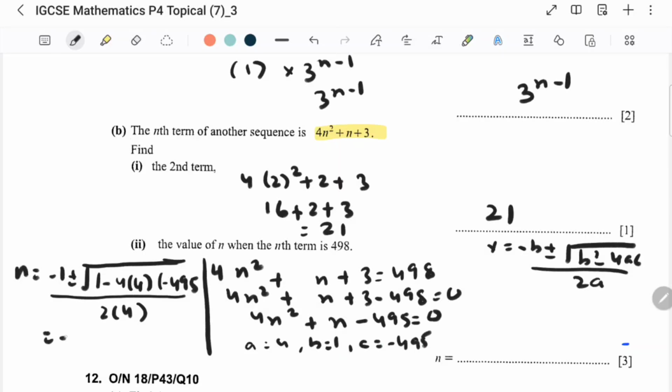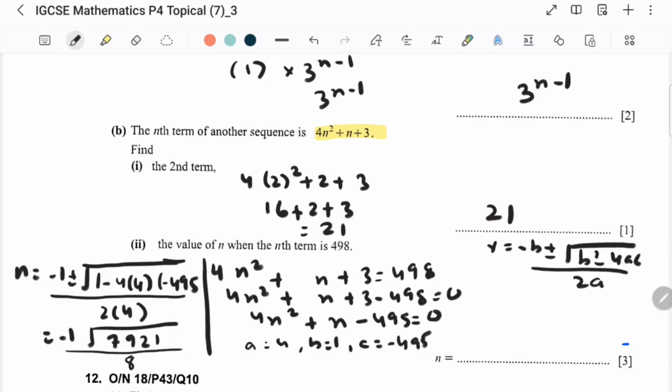Minus 1, and then you will be getting the value 7921. Take your calculator, you will be getting two answers.